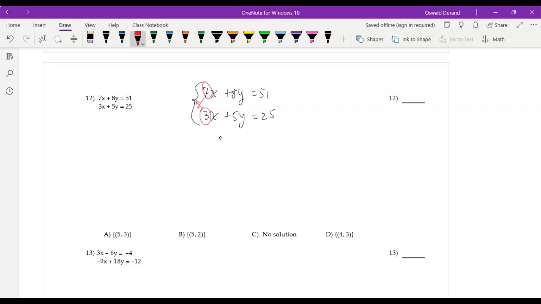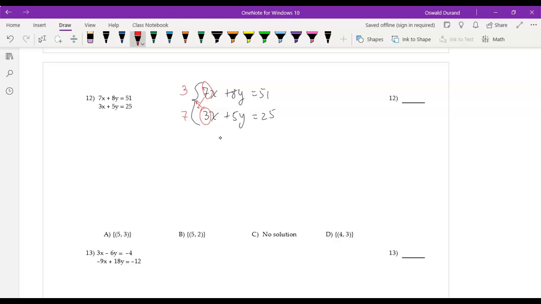So the first one you're going to multiply by 3, and the bottom one you're going to multiply by 7, right? And we know that when we multiply across, the x term is going to be 3 times 7, 21, and 7 times 3, 21. But here we have a problem, because when we multiply 3 times 7 and 7 times 3, they are positive 21.